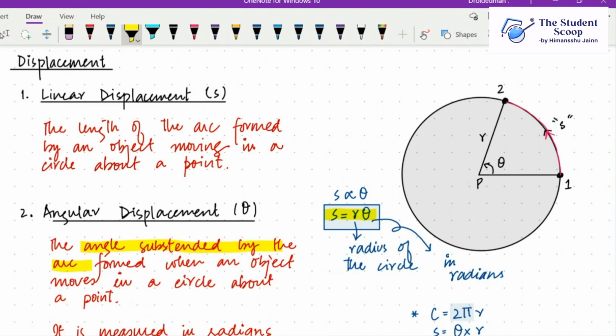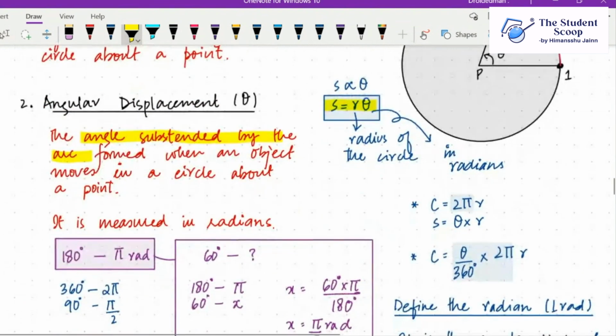Basic radians to degrees conversion is necessary in this chapter, because for every quantity, angular displacement, angular velocity, whenever we are looking at angular, it has to have units of radians. That's the basic SI unit.